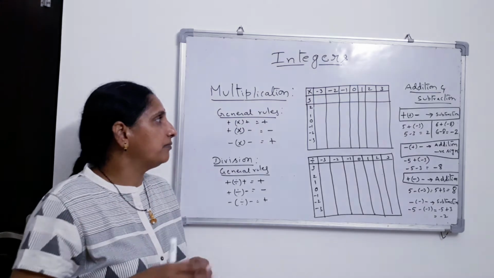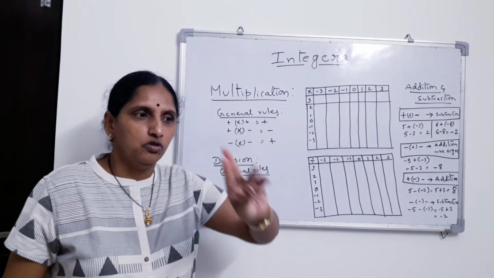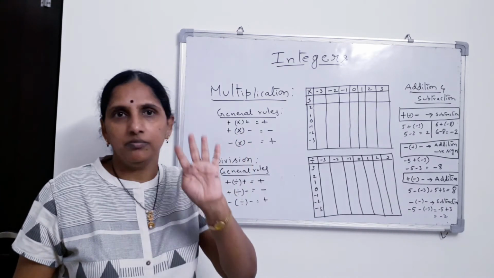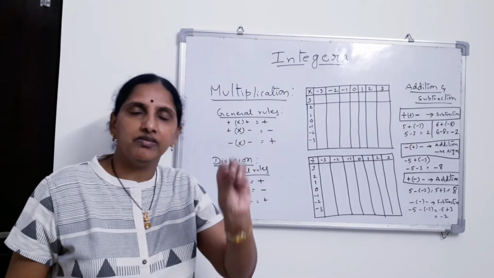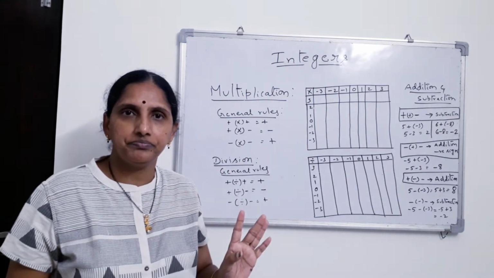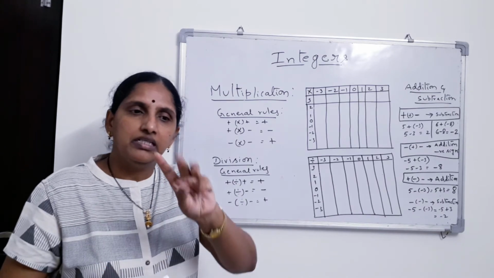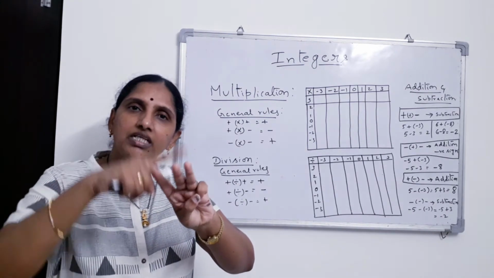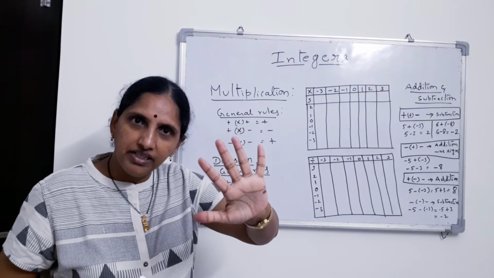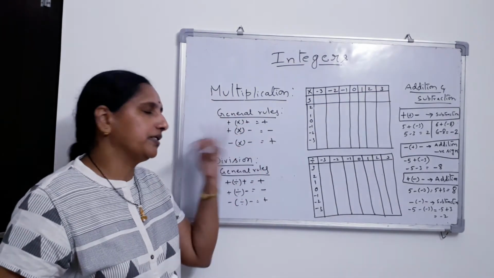So for even numbers, 2 negatives will become positive, 4 negatives will become positive, 6 negatives will become positive. When you are multiplying, 1 negative, result is negative. 3 negatives, result is negative. 5 negatives, result is negative. So please keep that in mind here.